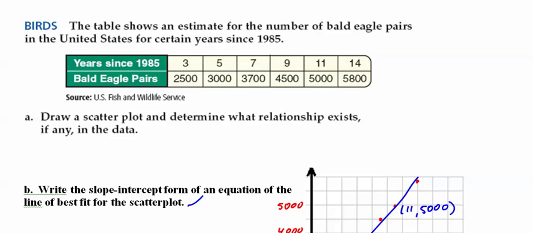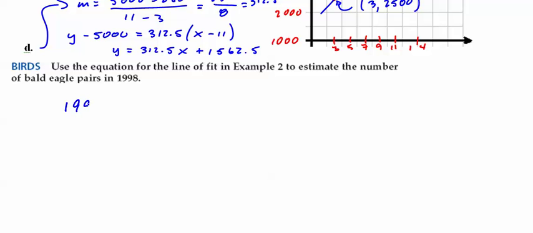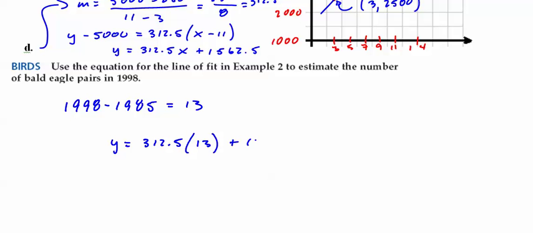So 1998 minus 1985 equals 13. y equals 312.5 times 13 plus 1,562.5 equals about 5,625 pairs.